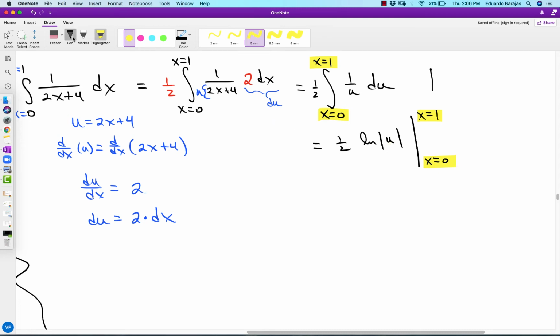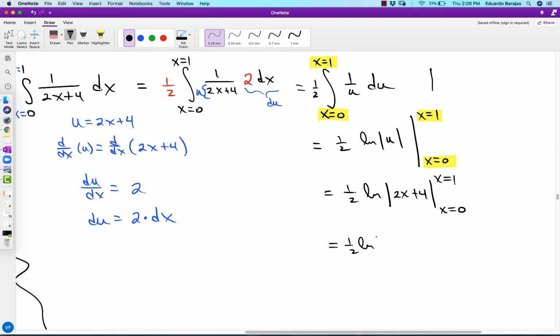Good? So now what we could do is come back and substitute my u and say that this is going to be 1/2 ln of absolute value of, and now my u is 2x plus 4. And now I can say, let's evaluate it at 0, evaluate it at 1. So then this becomes 1/2 ln absolute value of 2, and that's where the 1 comes in, plus 4, minus 1/2 ln of 2 times blank, that's where the 0 comes in, plus 4.